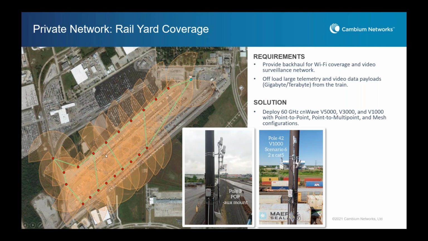They have some resilient mesh across the path. And then they're using this for providing video security, video offload. So they offload lots of capacity off of the trains as they come into the yard, and then also for field craft access, as they're out working in the field, they can get lots of capacity in that working area.